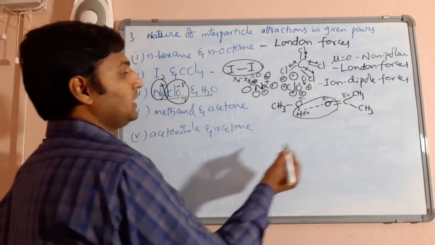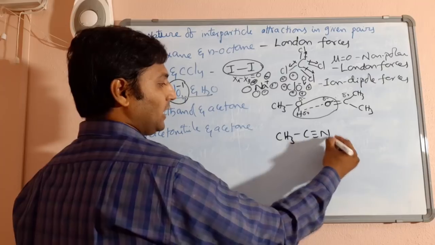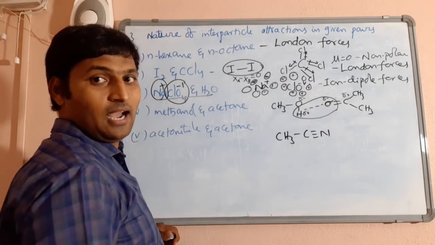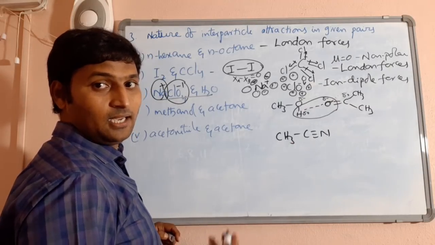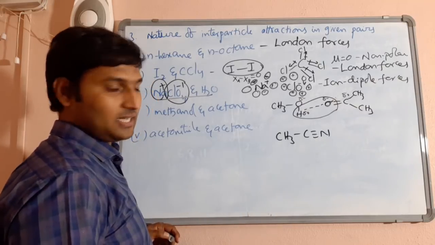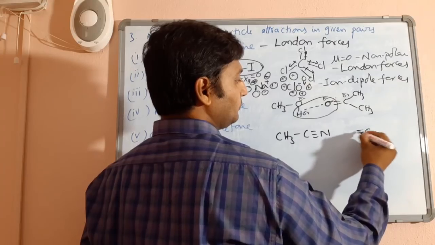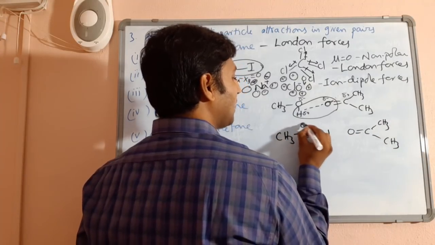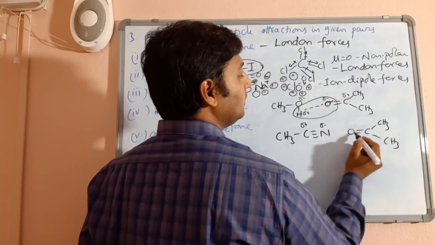Coming to this, acetonitrile. This is the nitrile group of organic chemistry, C triple bond N. Acetonitrile is the one produced from acetic acid, so 2 carbons it must have. Then acetone, just now I wrote. Now you see carbon electropositive, nitrogen electronegative.